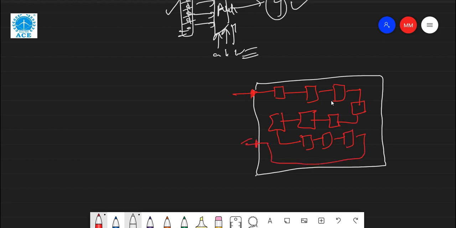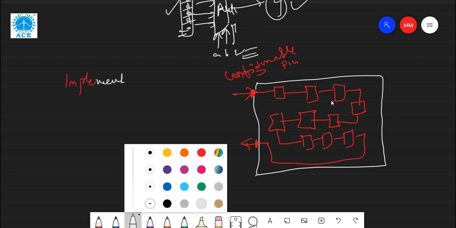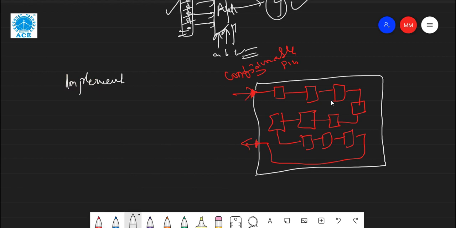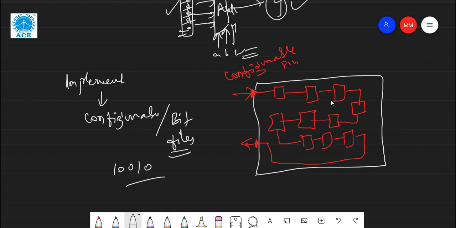And these are the configurable pins. So generally what happens here, I want to implement my logic, then it is configurable in terms of bit files. In terms of bit files, for example 0010, like that we would like to store.